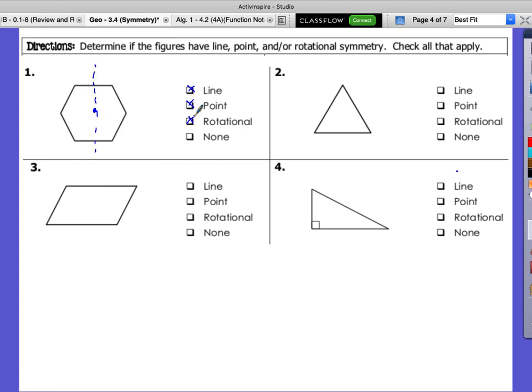Bam. Same shape. No, it's not original. I don't get it. And I stand by that. Okay, wait.